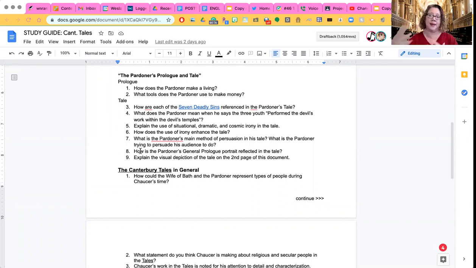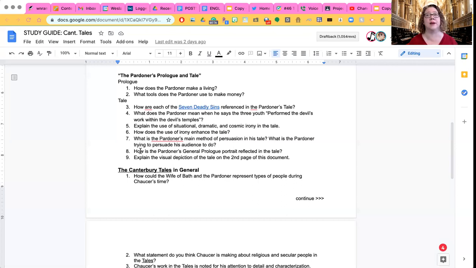But the more he makes, the more he can keep for himself. So we learn in the general prologue that the Pardoner has certain persuasive techniques. And we find out in the prologue to his tale that he uses those techniques in order to turn a buck, because he uses his tale to make people feel guilty.